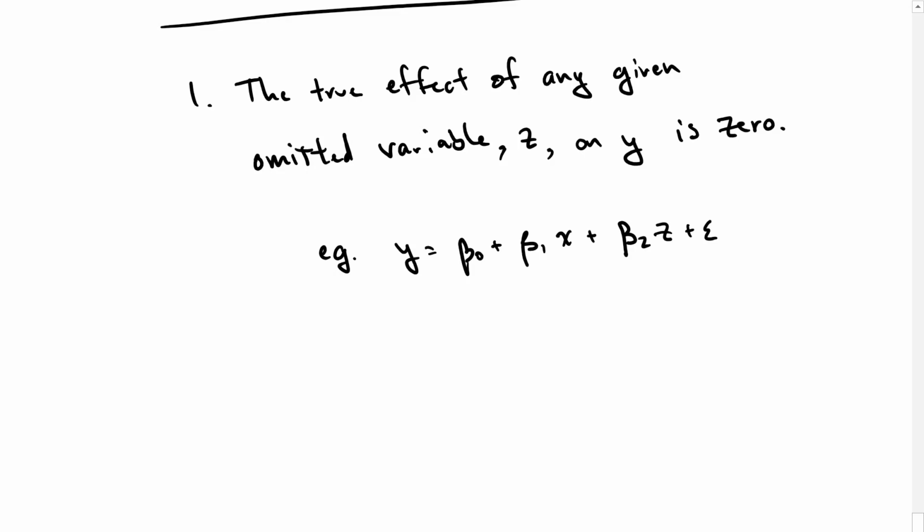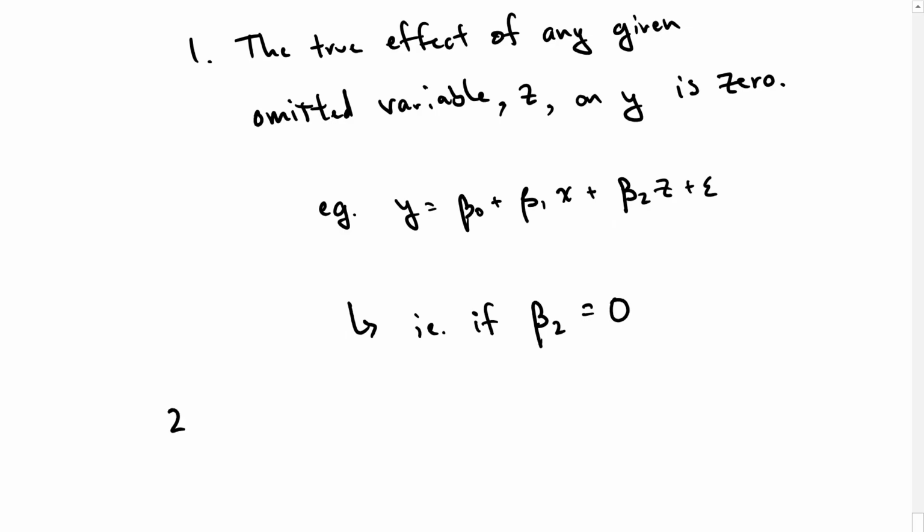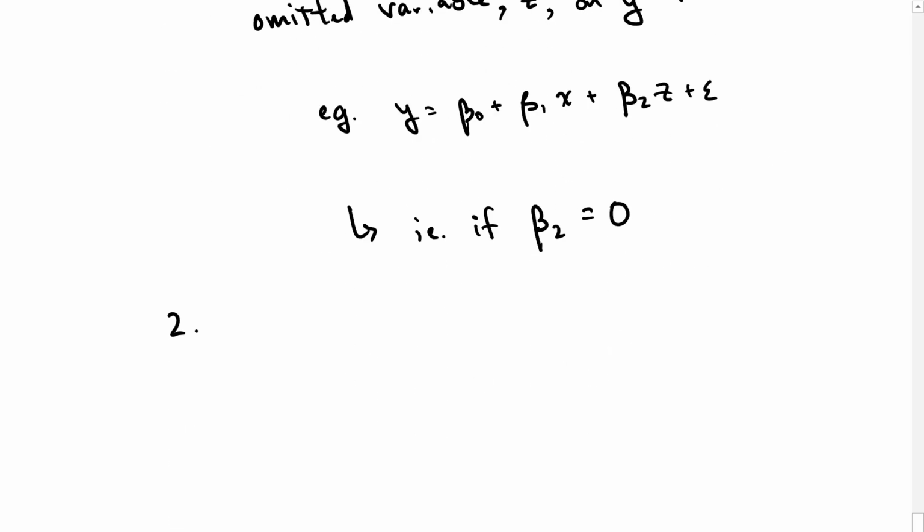So in other words, if beta 2 is equal to 0, the effect of z on y, if that's 0, then it's okay if we leave it out of the equation because it doesn't matter. So that's kind of simple. The other way where the bias may not exist is if the included and omitted variables are completely uncorrelated.